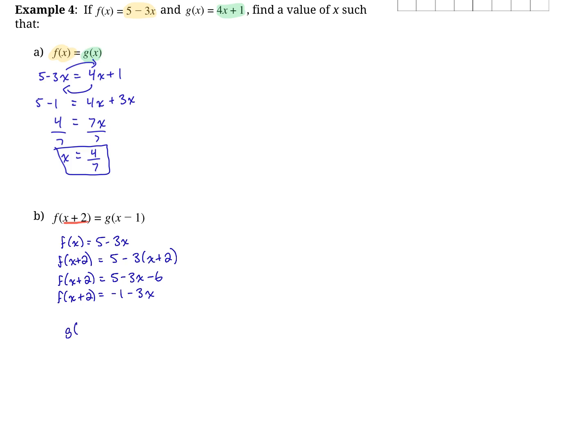Now if we substitute into our function g(x), so g(x) is equal to 4x plus 1. We want to replace x with x minus 1.